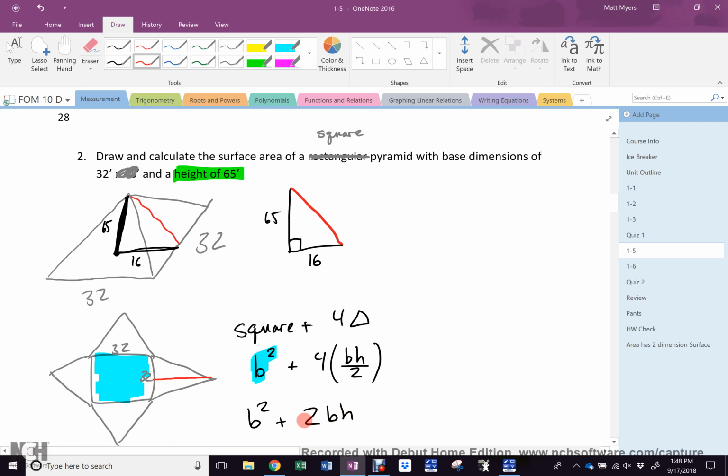It's confusing, isn't it? Because the pyramid has a height, it's this black line. So we have to give this line up the side a new name, which is slant. Slant is the distance up the side of any pyramid.